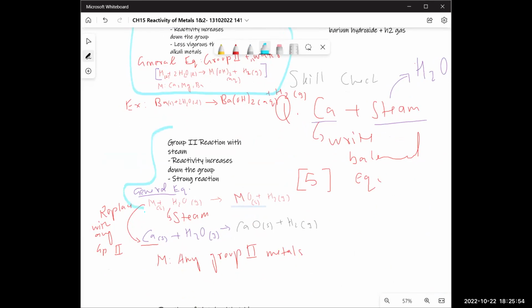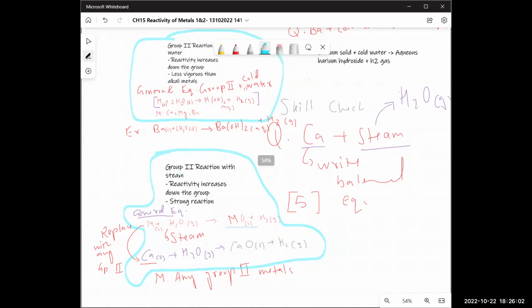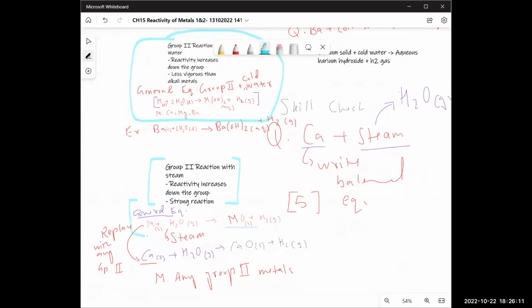Which one? This one, reaction of group 2 with steam. The general equation and the reaction with steam.